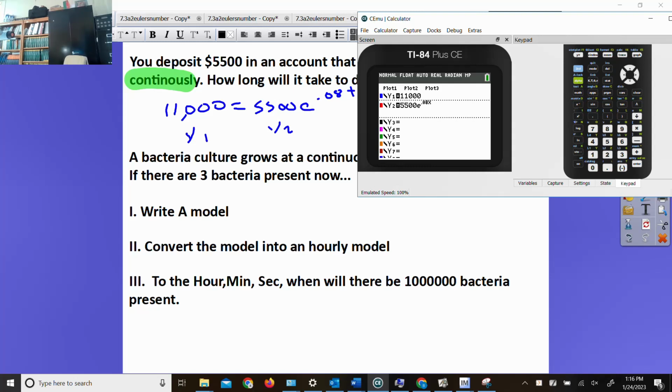All right, zoom out. 6. And nothing. Are you surprised? No. Why aren't you surprised? Because they just 11,000. What do you want to set your window to? 15. That's enough. 15,000. So Y max, $15,000.